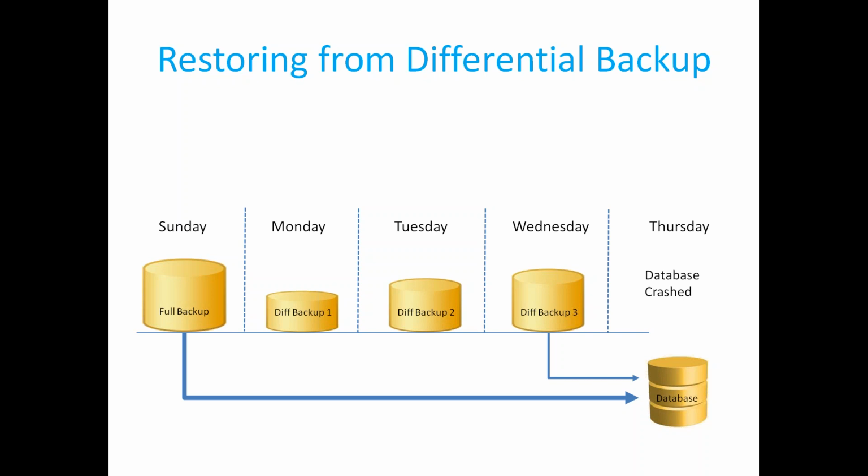In this case, if you notice here, the overall data loss is approximately 1 day. The maximum data loss would be 1 day because my database got crashed on Thursday. Let's say everyday backups were happening at 6 p.m. in the evening. And I have noticed at 5:45 p.m. the database got crashed on Thursday.